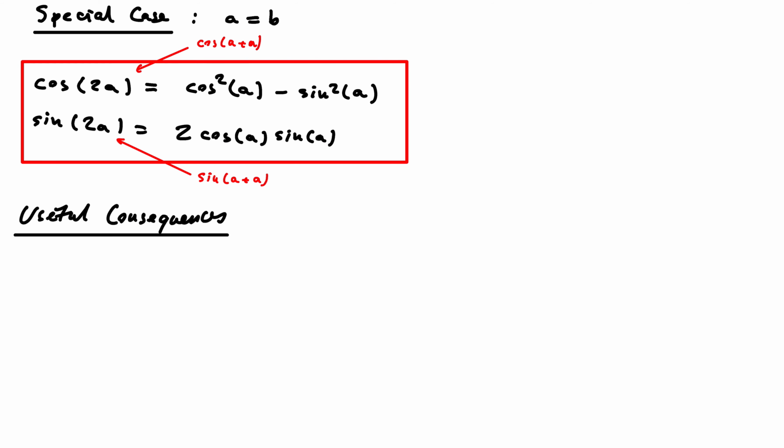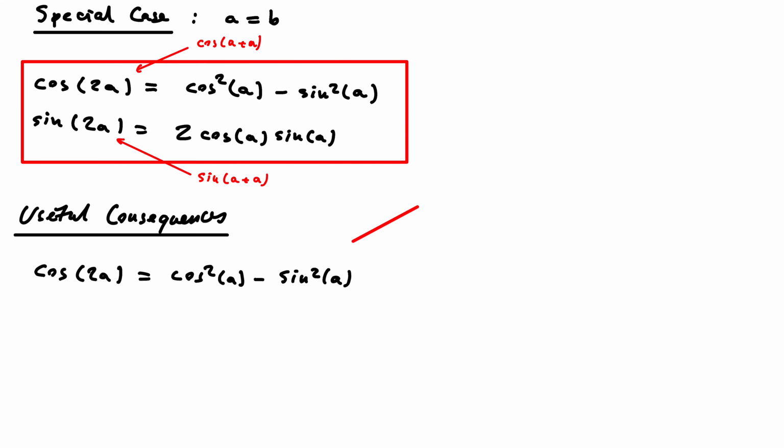So you can do something pretty neat with these. It's not at all obvious. Let's take the cos one for a second. So cos of 2A is equal to cos squared of A minus sine squared of A. Now this looks terribly like my Pythagoras one, doesn't it? Which is cos squared of A plus sine squared of A is equal to 1.